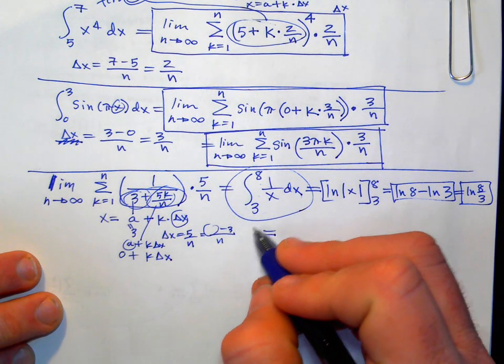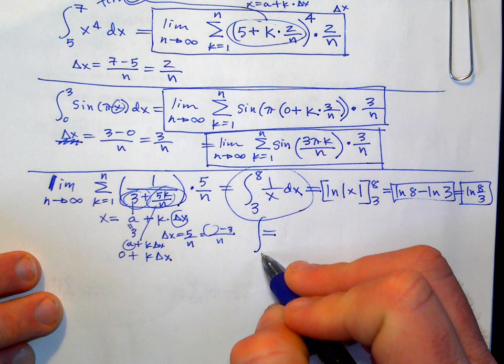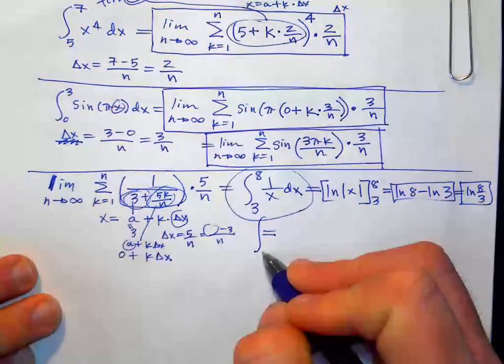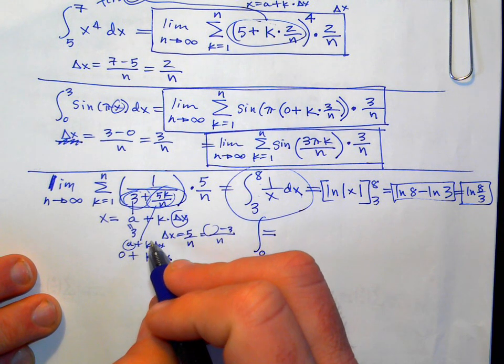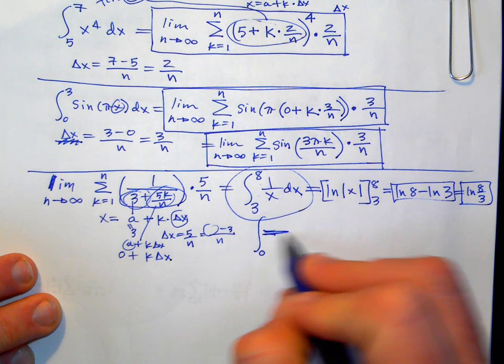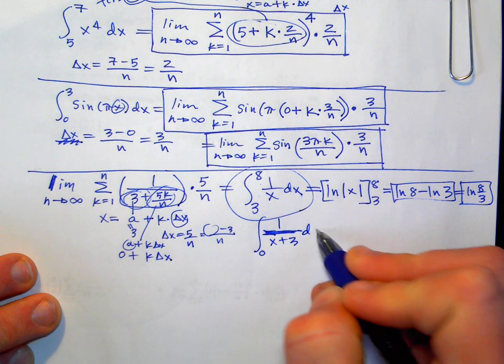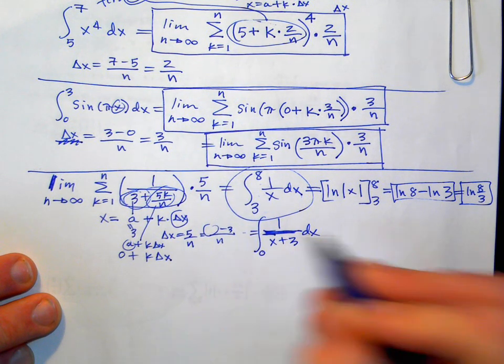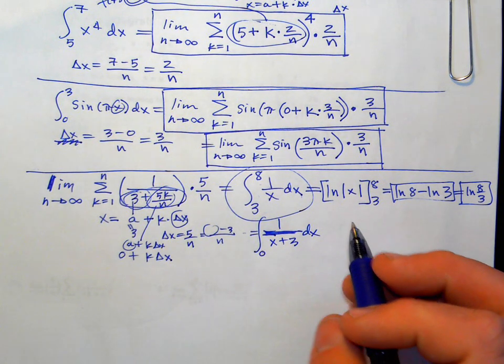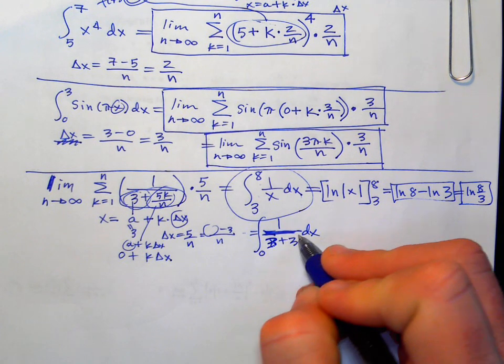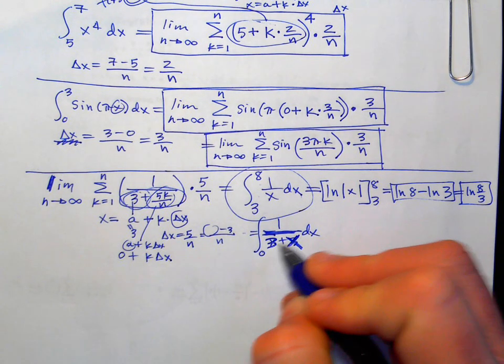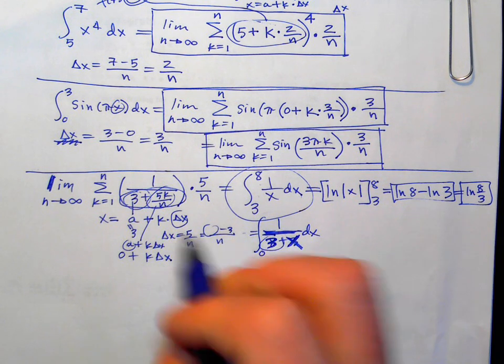What I'm saying here is that we're starting at 0 instead, and that the function has 3 plus x in it. Maybe it'd be better to write it so it looks more like that, 3 plus x. So we could say the 3 plus is just part of the function.